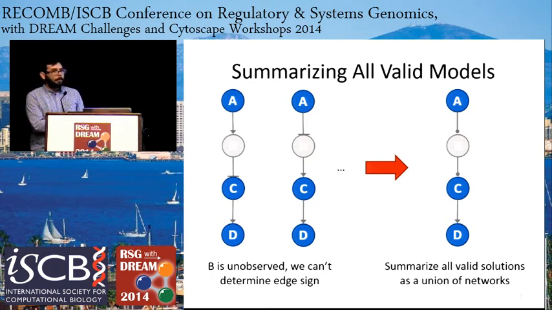We summarize them with the property that if we see the same direction or sign in all models, we keep that in our summary. But if there is some ambiguity as to what an edge can be in different models, that becomes an ambiguous edge in our final network.